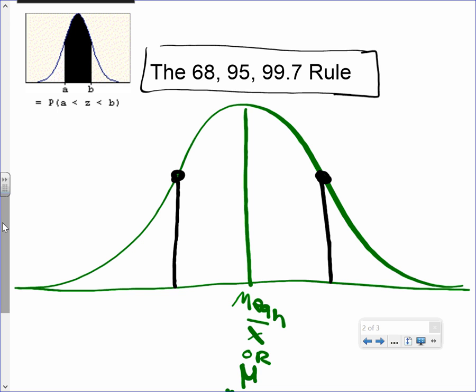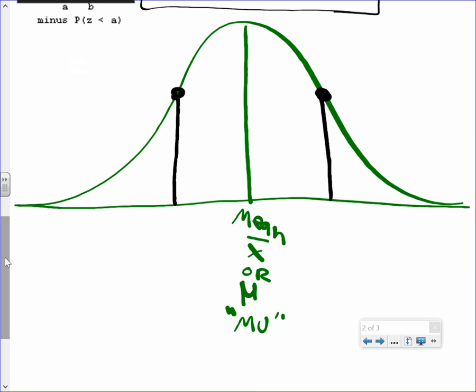Now, what is that first point? If the mean is right here in the middle, then that point of inflection is your first standard deviation above the mean. So we're going to put sigma there. Tomorrow we're going to review how to find the standard deviation again.